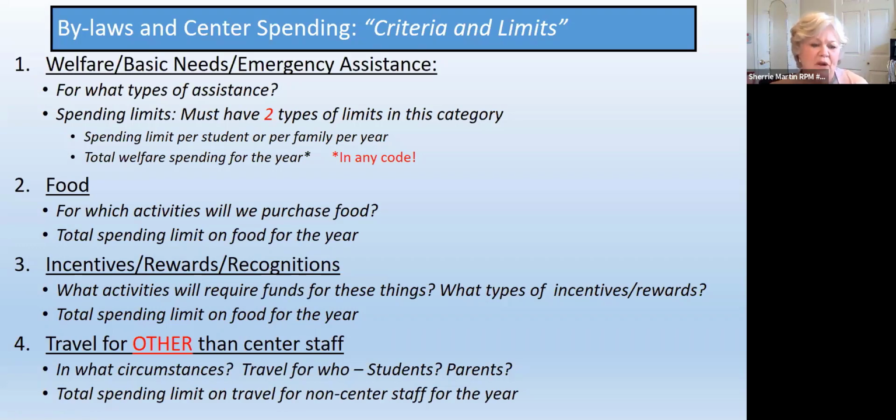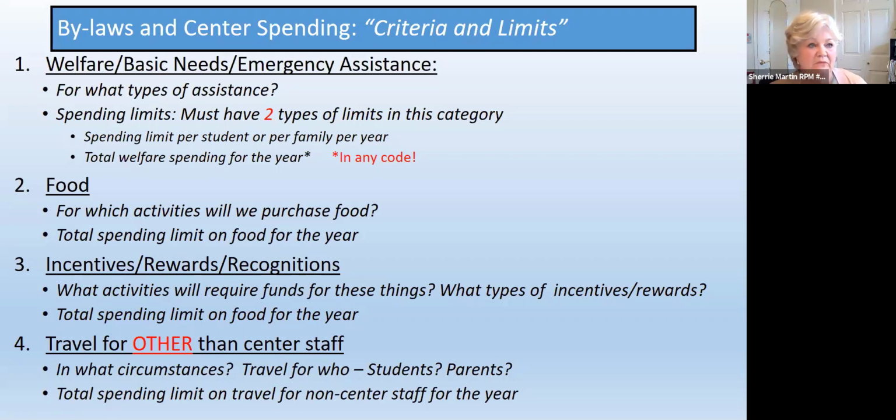The fourth category is guidelines that your advisory council helps you develop for spending on travel for other than center staff. In what circumstances? Be it travel for who?